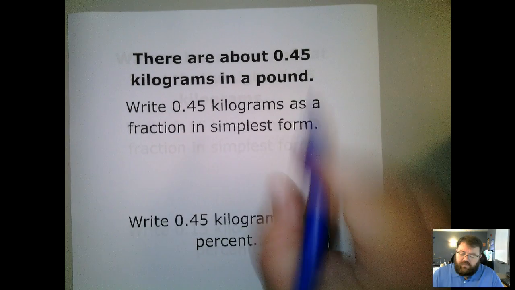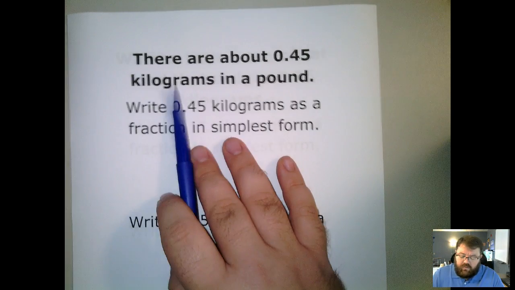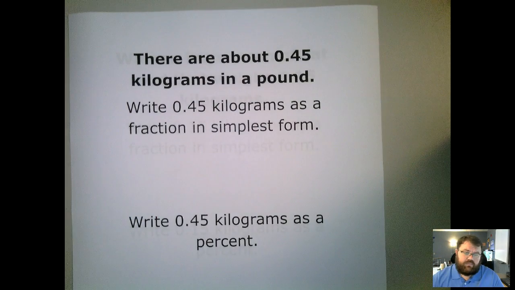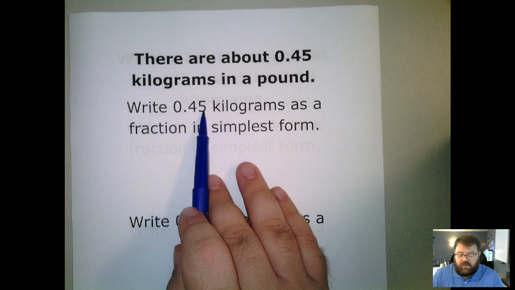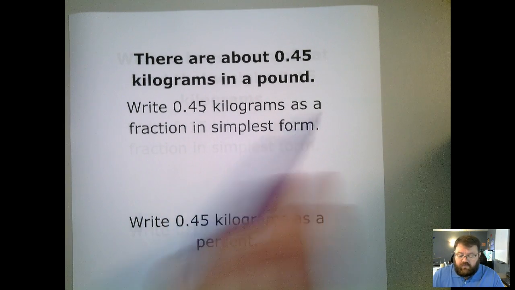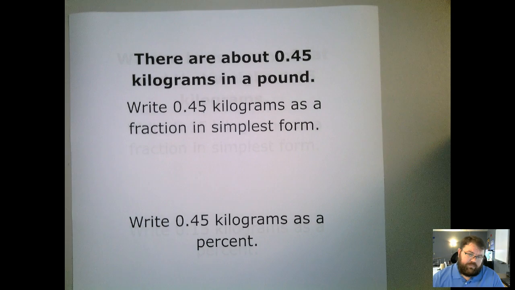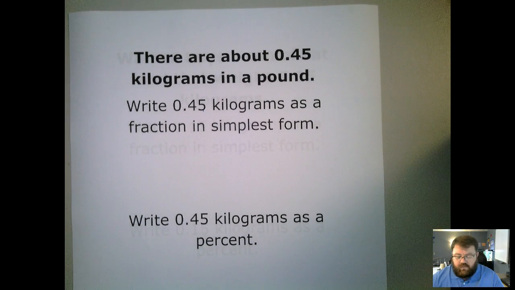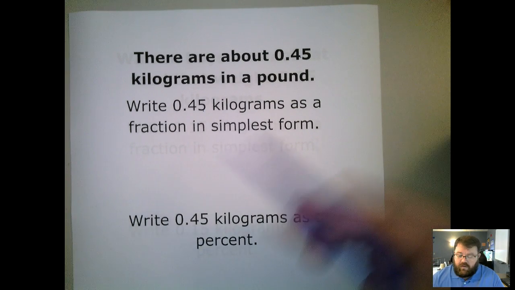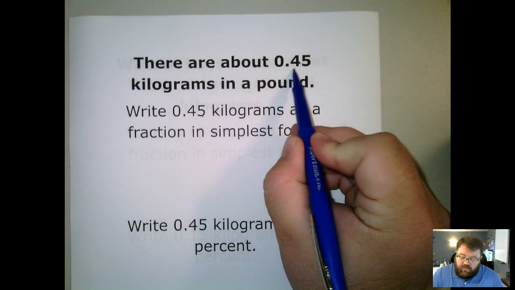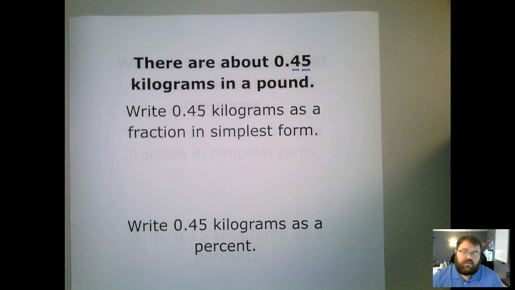There are about 45 hundredths kilograms in a pound. Write 45 hundredths kilograms as a fraction in simplest form. Well, for this one, you've already heard me say 45 hundredths. I know this because what I can do is count 2 places to the right of the decimal, and I think of 10, 100, or 1,000.